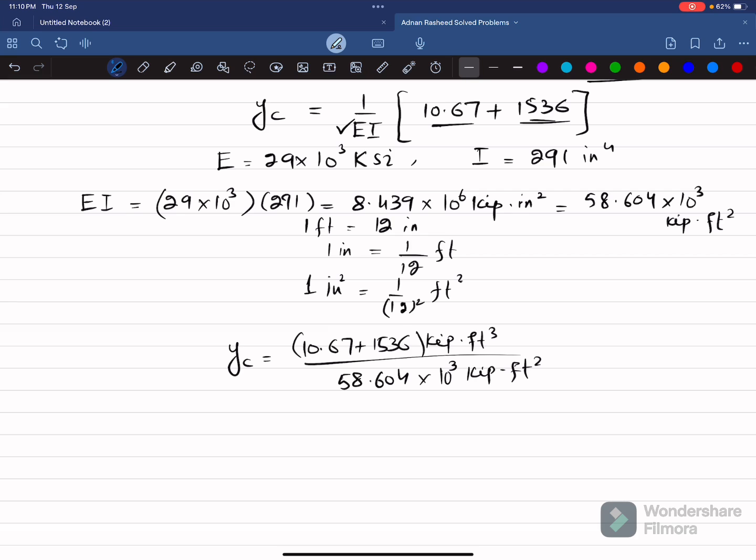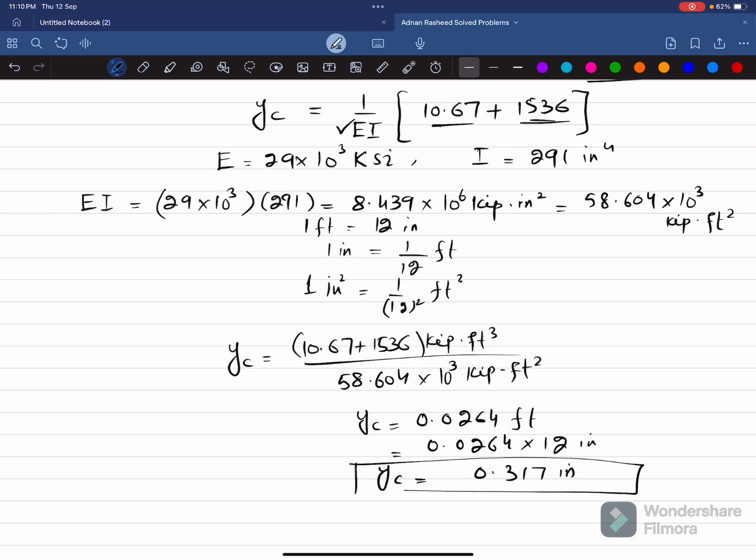At the end, we will get the deflection at point C equal to 0.0264 feet, and we know that 1 foot is 12 inch. So if you multiply it with 12, you will get 0.317 inch, and this deflection will be downward. This is the answer of this part.